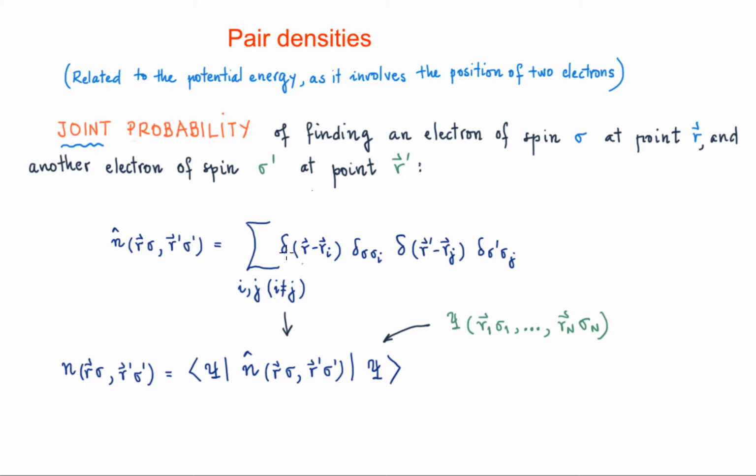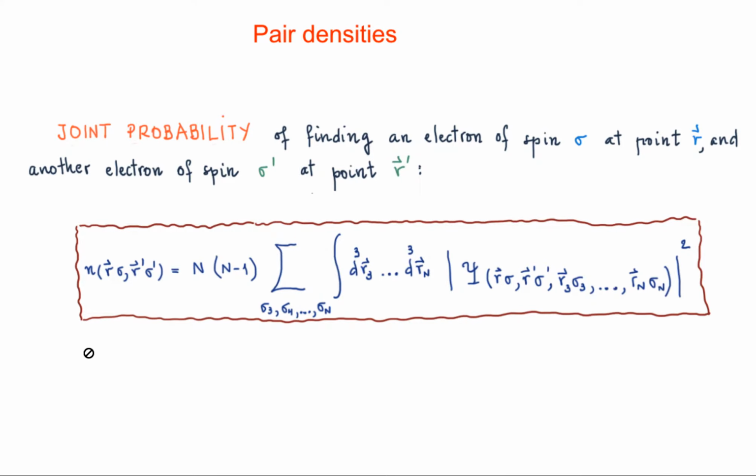So the number of total summations we'll have here is n times n minus 1. So it's quite straightforward, but interesting to check that the final expression we have for that pair density is just the following: n times n minus 1, and then we have the expression after doing some refinement. Okay, this is the expression we have for the paired density in terms of the wave function.